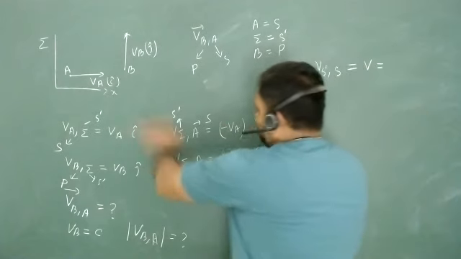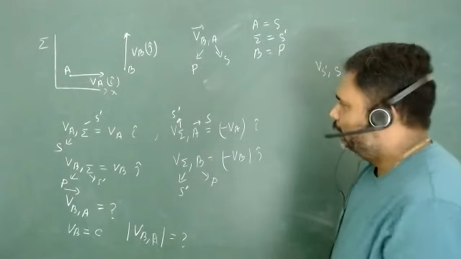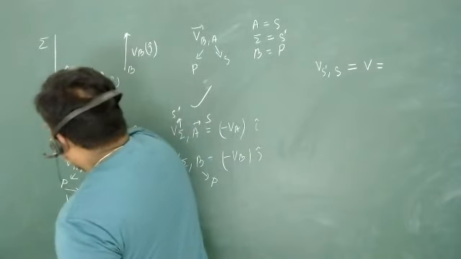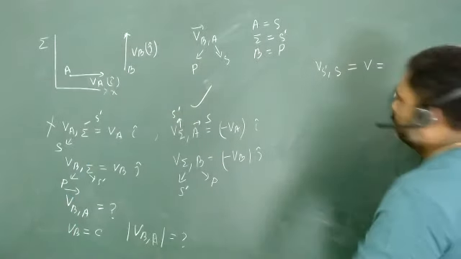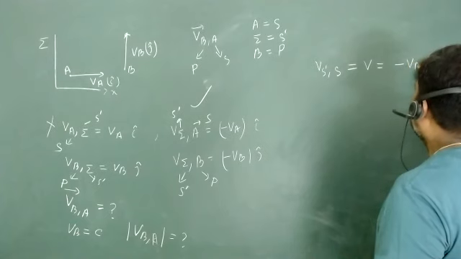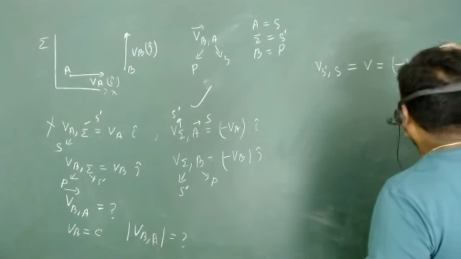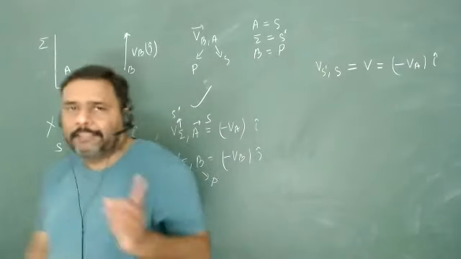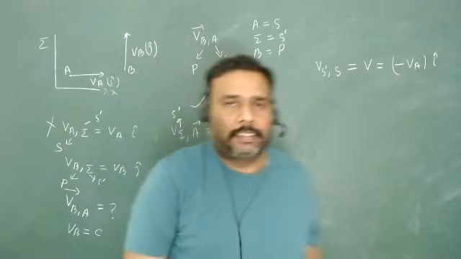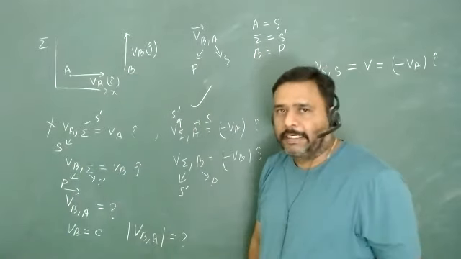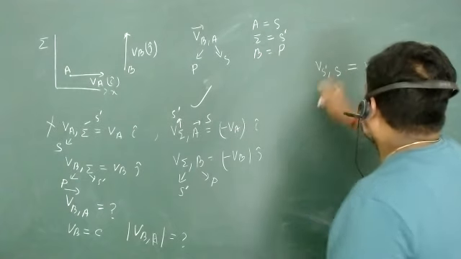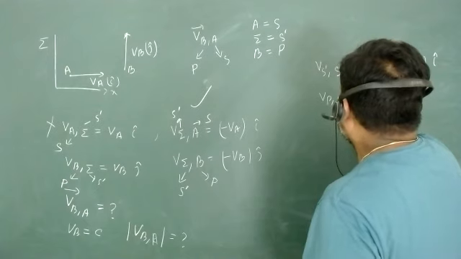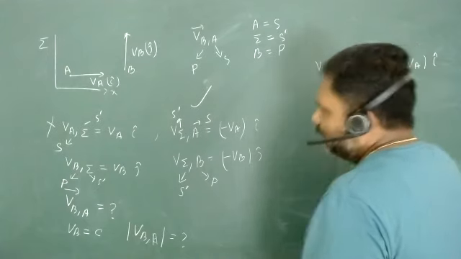Of these four, which quantity will be your favorable one? Obviously, this one is favorable, so this has no use in this problem. So this will be minus VA in the I cap direction. And here we will see which formula we are going to use. Why I am asking this question, I will discuss in tomorrow's class. But today, let's try to understand what we are going to do. So this is my V. Next thing, the velocity of the particle with respect to S dash is UX dash.